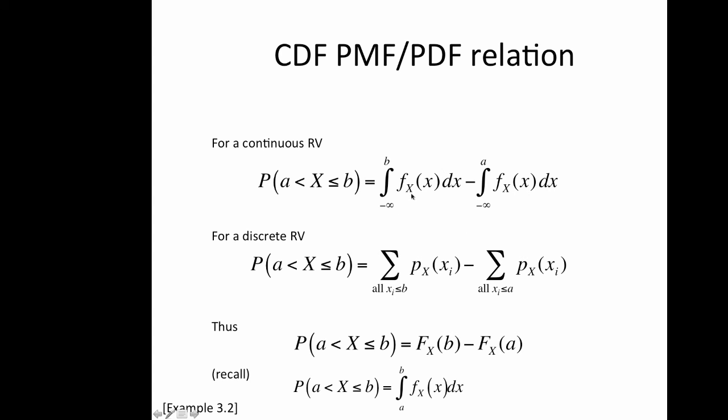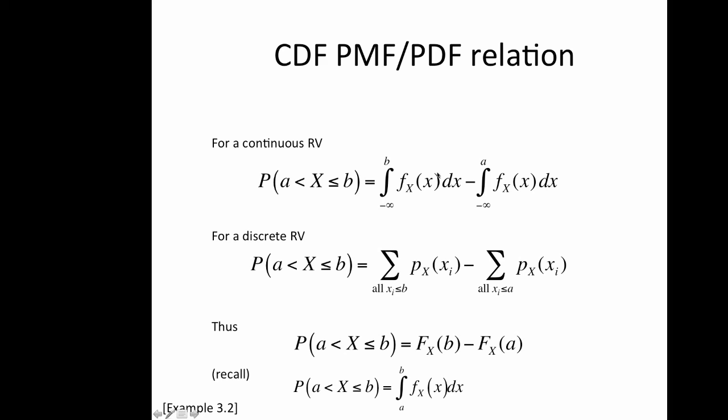We take the PDF, in this case for a continuous random variable, and we take the integral of f(x) dx from minus infinity to b, and we subtract off the integral of the PDF, f(x) dx, from minus infinity to a.